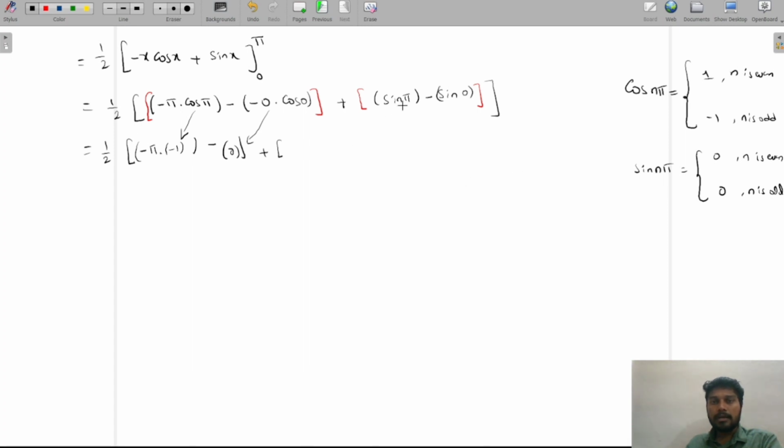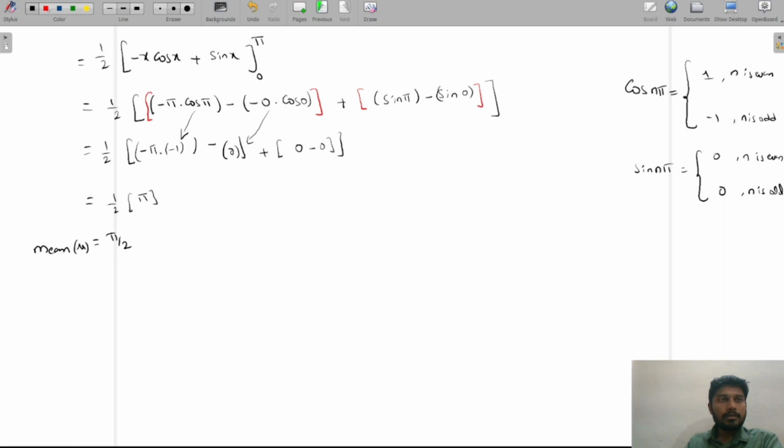So from that, sin of n pi, 1 pi, is 0, minus sin 0 is 0, right? So we are getting the solution 1 by 2 into pi. So pi by 2 is the solution of the mean, mu equal to pi by 2.